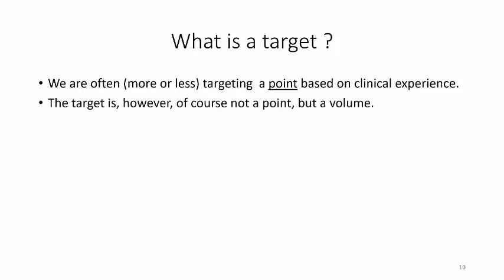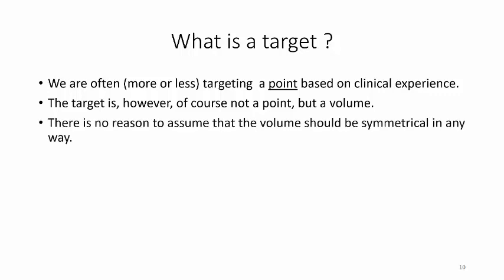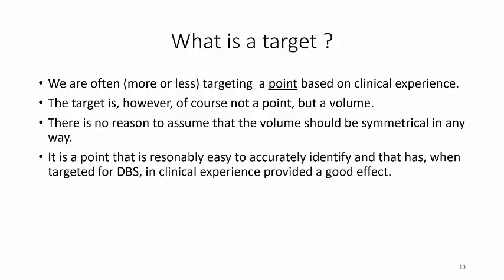The target is, however, of course not a point but a volume. There is no reason to assume that a volume should be symmetrical in any way. It is a point that is reasonably easy to accurately identify and that has, when targeted for DBS in clinical experience, provided a good effect.